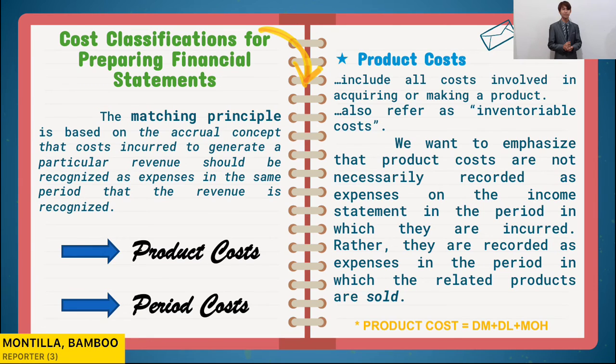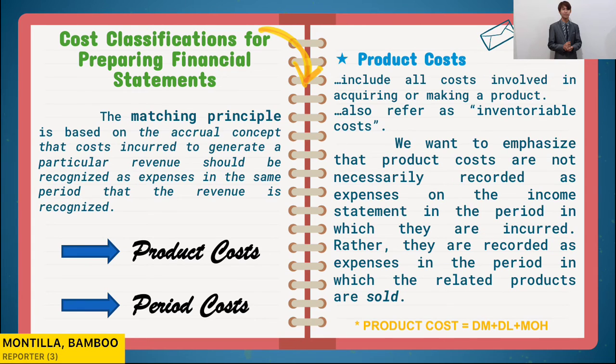Such costs are called product costs. Product costs include all costs involved in acquiring or making a product. They are also referred to as inventoriable costs since product costs are assigned to inventories and are considered assets until the products are sold. At the point of sale, product costs become cost of goods sold on the income statement.